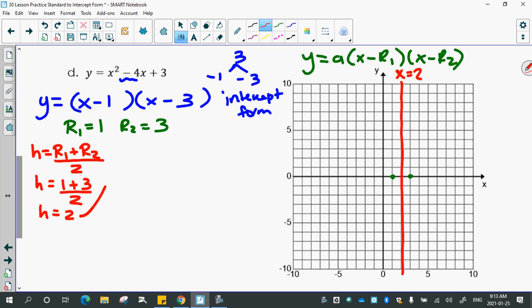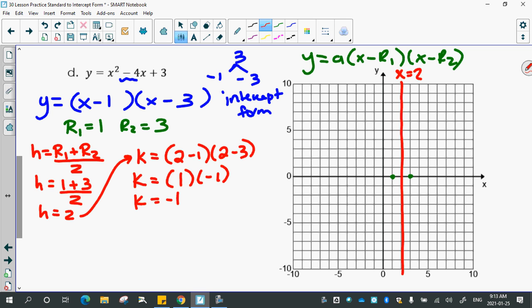To get the k, I substitute it into my factored form, replacing each x with 2. So we get k as negative 1 for a vertex of 2, negative 1.